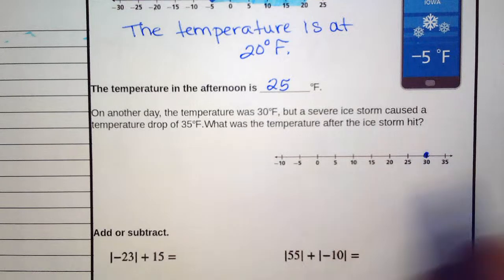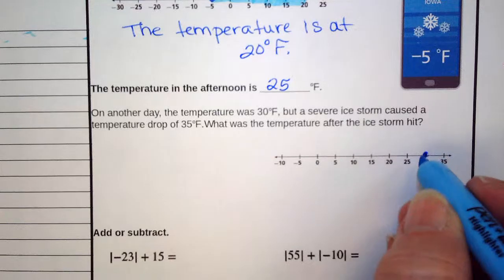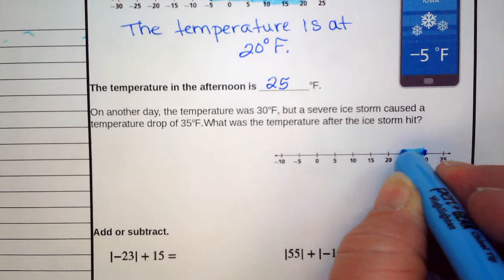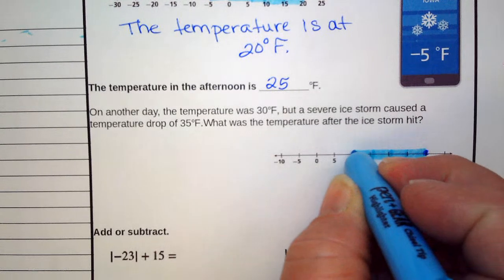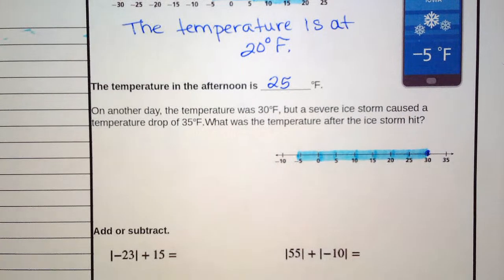We want to go down 35 degrees. So here is 5, 10, 15, 20, 25, 30, 35. Where did I end up at? You ended up at -5 degrees.